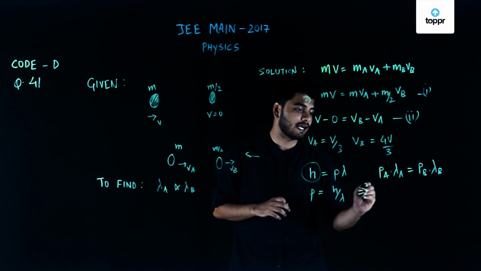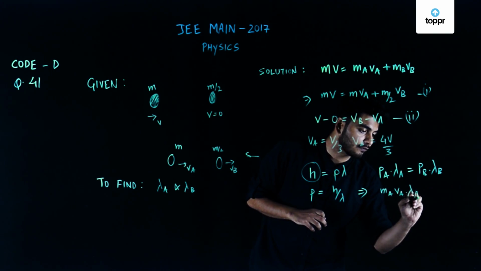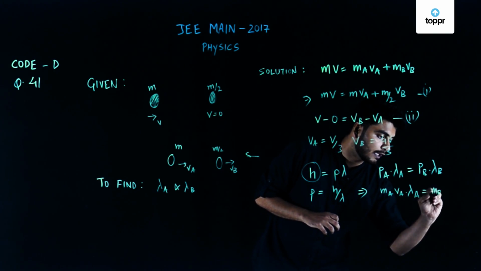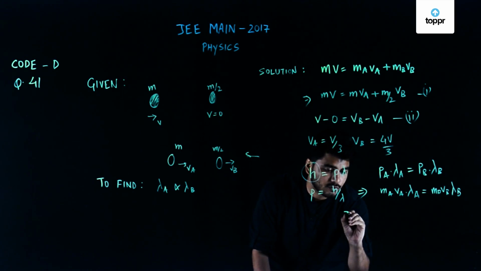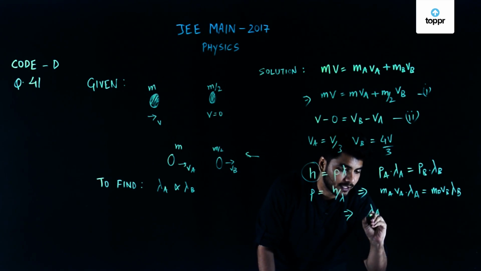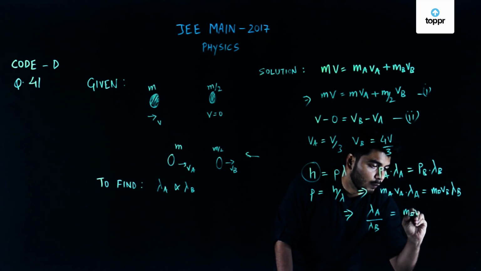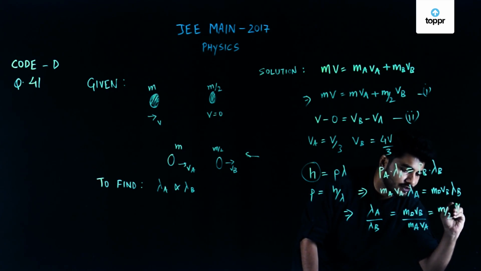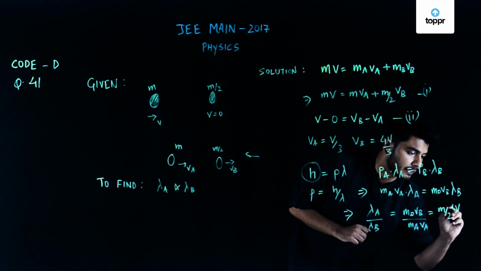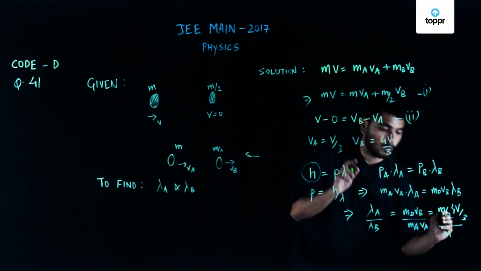So if I replace that, the mass of A into velocity of A times the de Broglie wavelength of A equals mass of B into velocity of B times the de Broglie wavelength of B. In order to solve this, lambda A by lambda B is equal to mass of B into velocity of B upon mass of A into velocity of A. We know that mass of B is m by 2 and velocity of B is 4v by 3, and mass of A is m and velocity of A is v by 3.